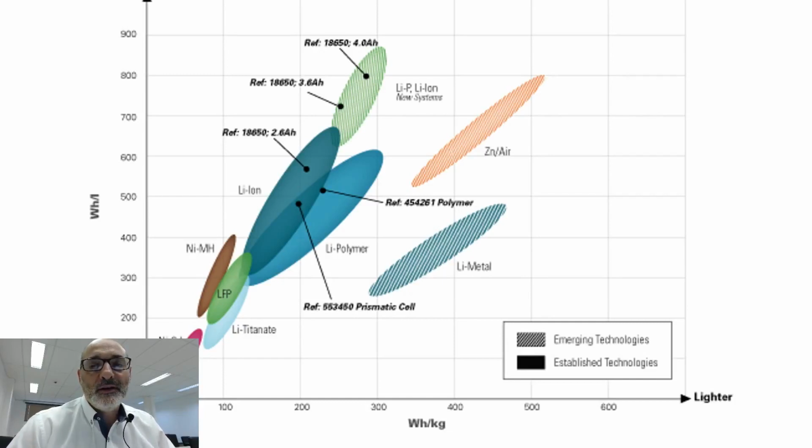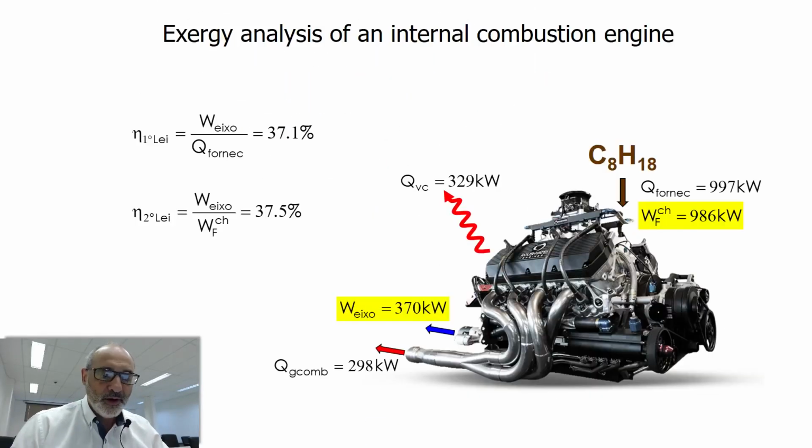Because I can have a heat flow in terms of watts, but it's different from electricity, also in terms of watts. So the solution is simple. Instead of using this number here, 997, which is the heat supplied, you compare with the exergy supplied, or the exergy content of the fuel.